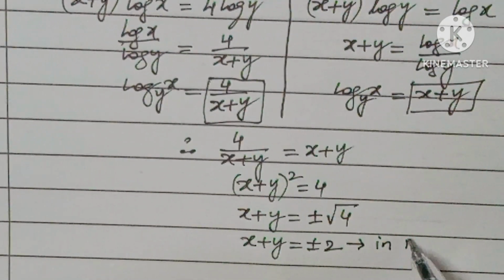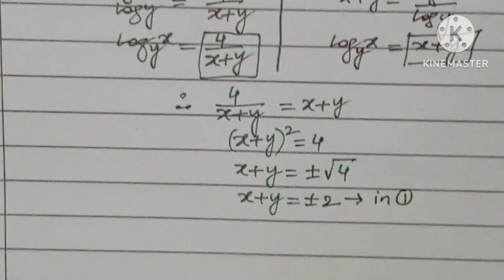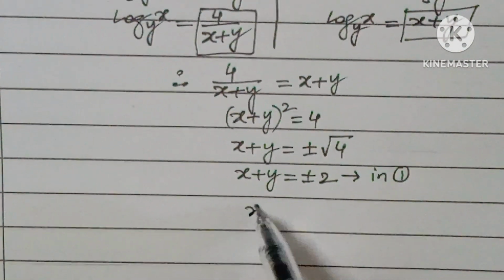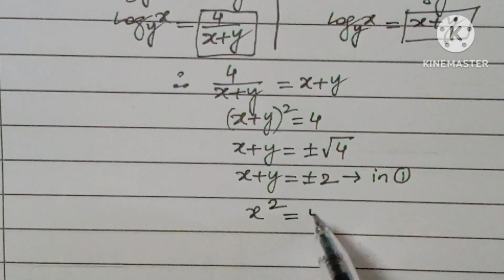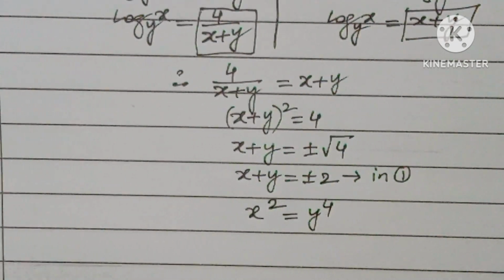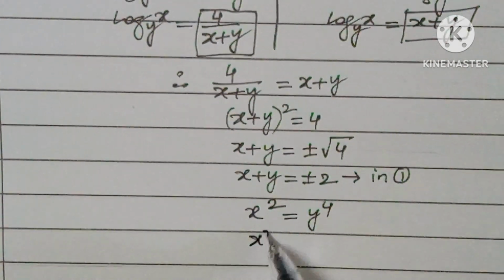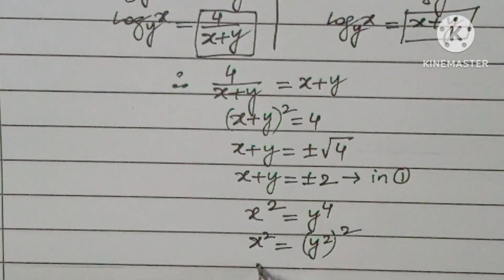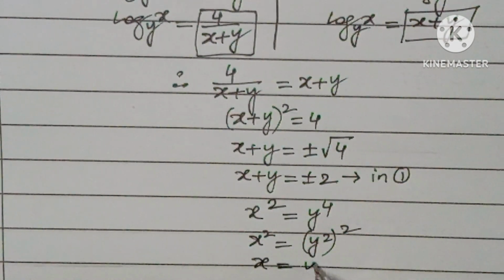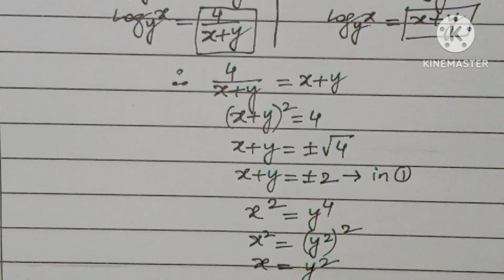Now replace this value in equation 1. X to the power of 2 is equal to y to the power of 4. X square is equal to y square whole square. That implies x is equal to y square.